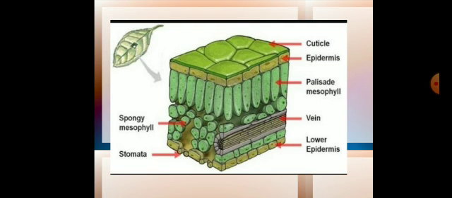These large intercellular spaces between the spongy mesophyll cells help in easy diffusion of carbon dioxide to every cell. So mostly stomata is present here. You can see at the bottom of the lower epidermis, stomata is present. So through this stomata only, exchange of gases takes place.